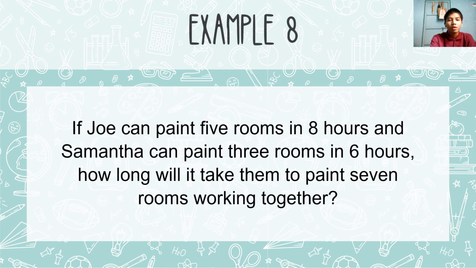Example 8. If Joe can paint 5 rooms in 1 hour and Samantha can paint 3 rooms in 6 hours, how long will it take them to paint 7 rooms working together?